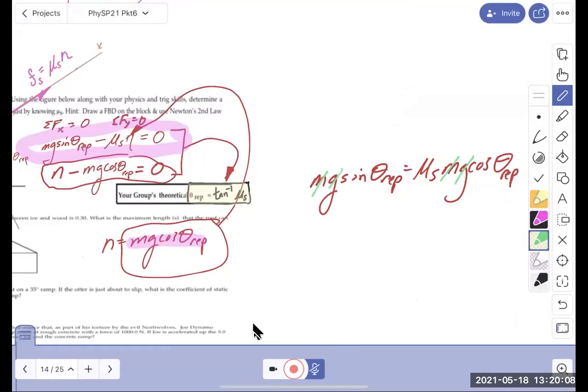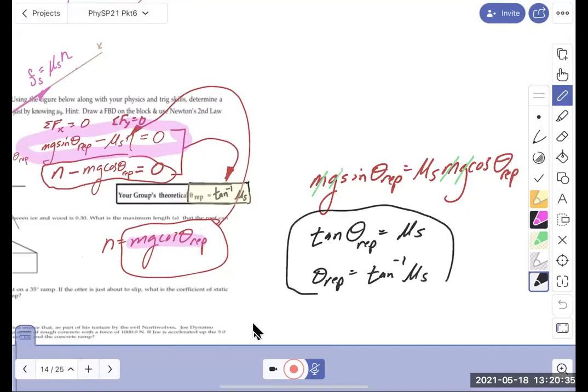Then divide both sides by cosine theta rep, and we have the equation we're looking for. There are 2 ways to write the equation. We would have tangent of theta rep equals mu sub s, or sometimes you see it this way: theta rep equals inverse tangent of mu sub s. So those are the 2 ways you see it.